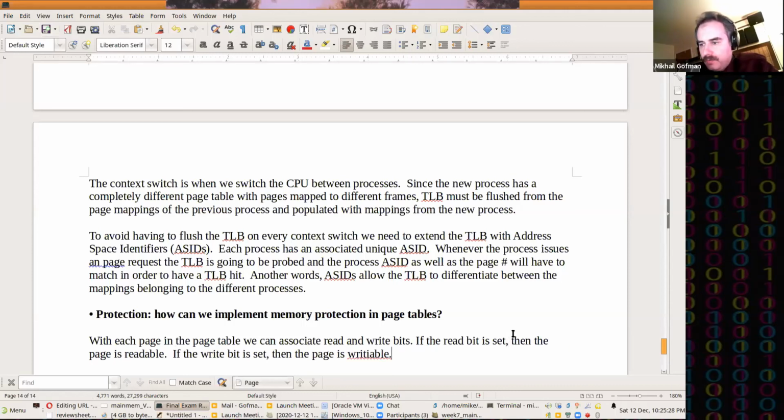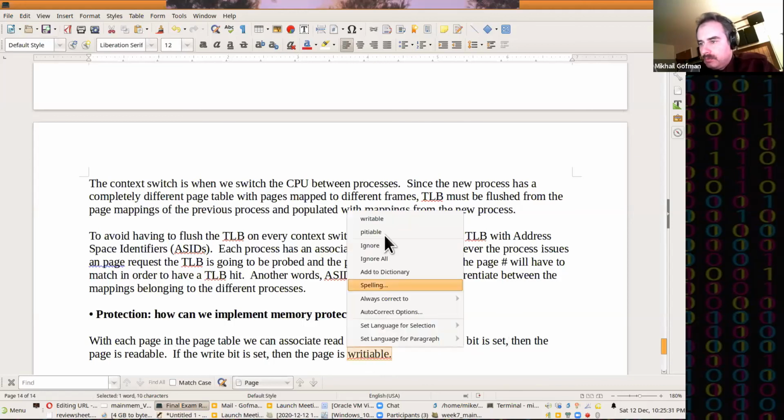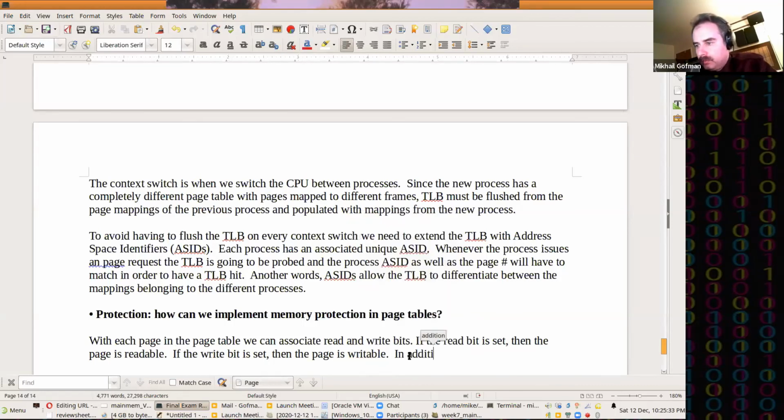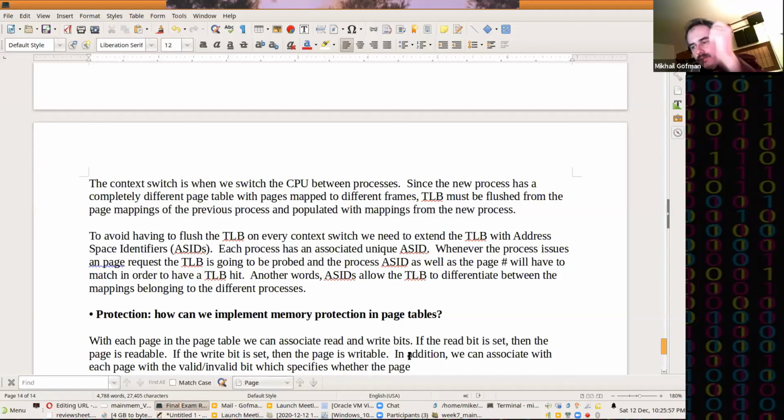In addition, we can associate with each page the V bit, the valid-invalid bit, which specifies whether the page is part of the process memory.